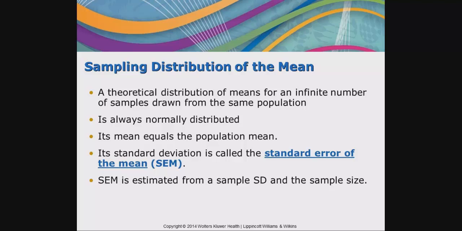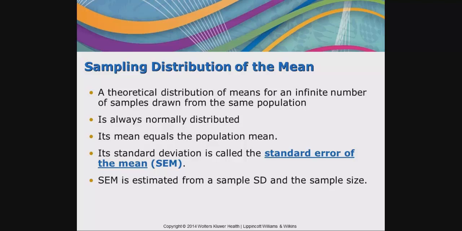So when you see things like the standard error of the mean, this means that 95% of those values in a normal distribution lie between plus or minus 1.96 standard deviations from the mean. The standard deviation of the sampling distribution of the mean is called the standard error of the mean.